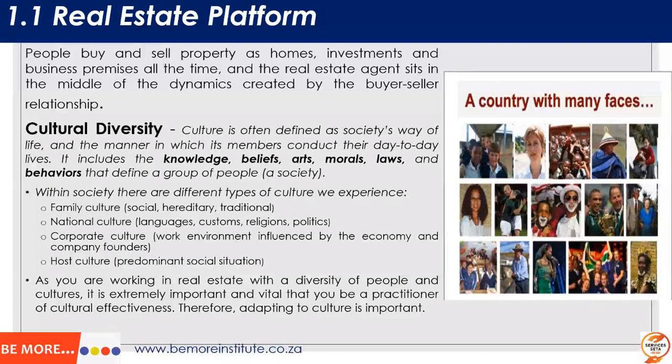And then there is also something that you must take into consideration, things like the host culture. For an example, you might have a company located in Johannesburg, but you have a branch in KZN. In that sense, KZN is hosting you. And what you will experience is that a little bit of Zulu culture will come into your organization, as well as the Indian culture.